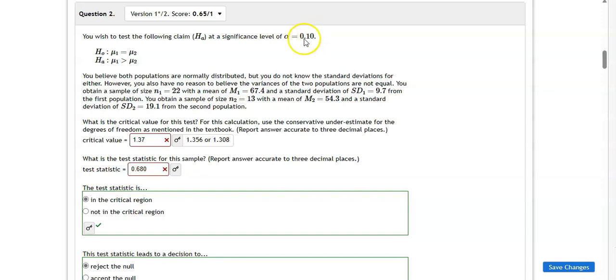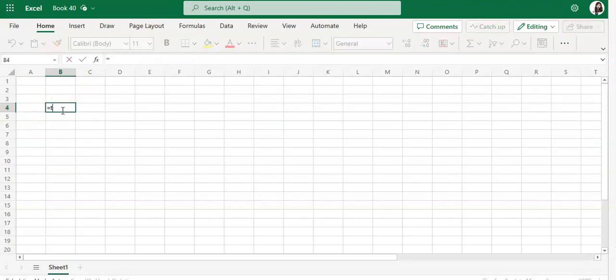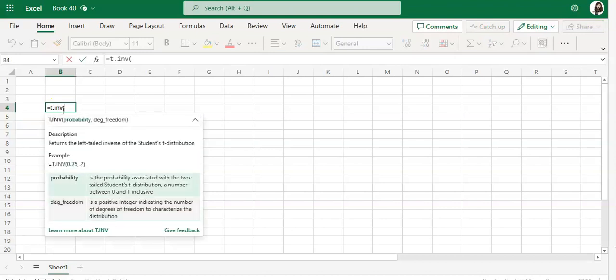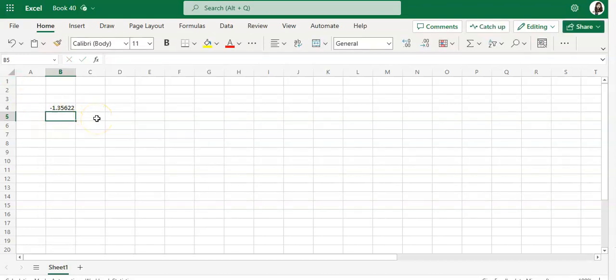Since this is a one-tailed hypothesis test, we're going to look up 0.10 and degrees of freedom 12 in Excel using the t distribution. So I'll go over to Excel, equal T.INV, and I'm going to put 0.10 in, and I said 12 were the degrees of freedom, and we get negative 1.356.